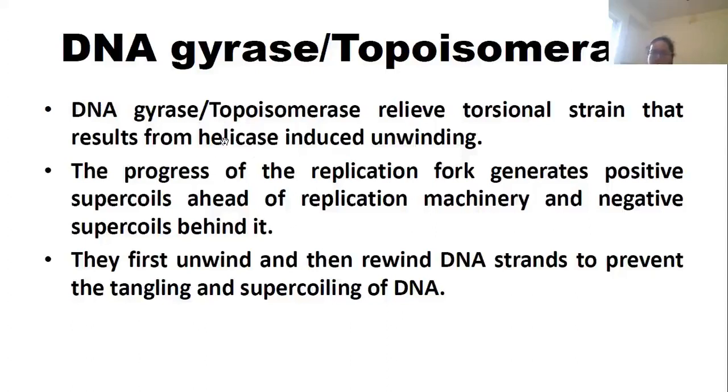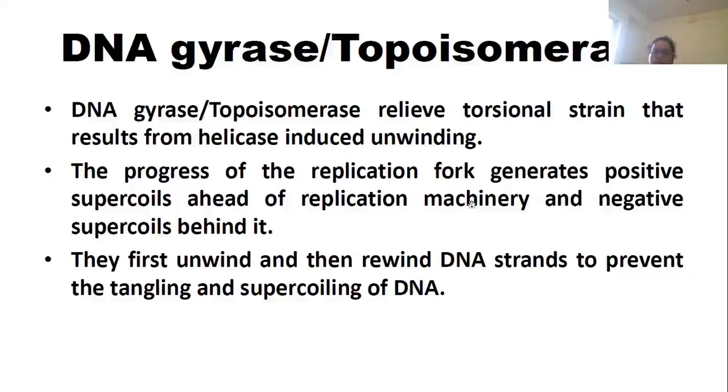So for relieving that stress or torsion in the DNA, the helpful enzyme is DNA gyrase or topoisomerase. These will relieve the torsional strain that results from the helicase-induced unwinding.